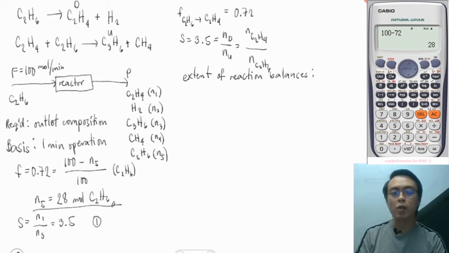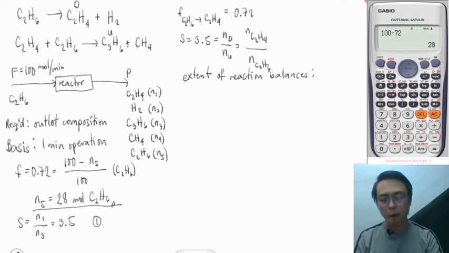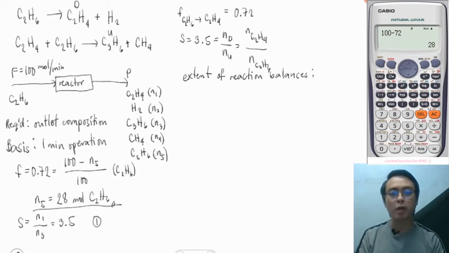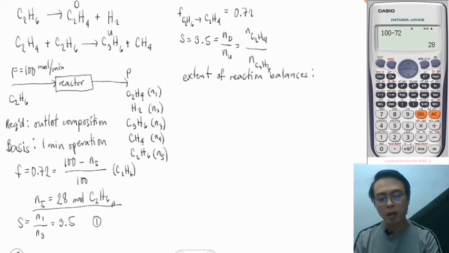However, take a look at our equations. By the way, I forgot to mention that those equations are already balanced. Since we have two different chemical equations, it's imperative that you have two values of extent. I will just be representing them as extent 1 and extent 2.